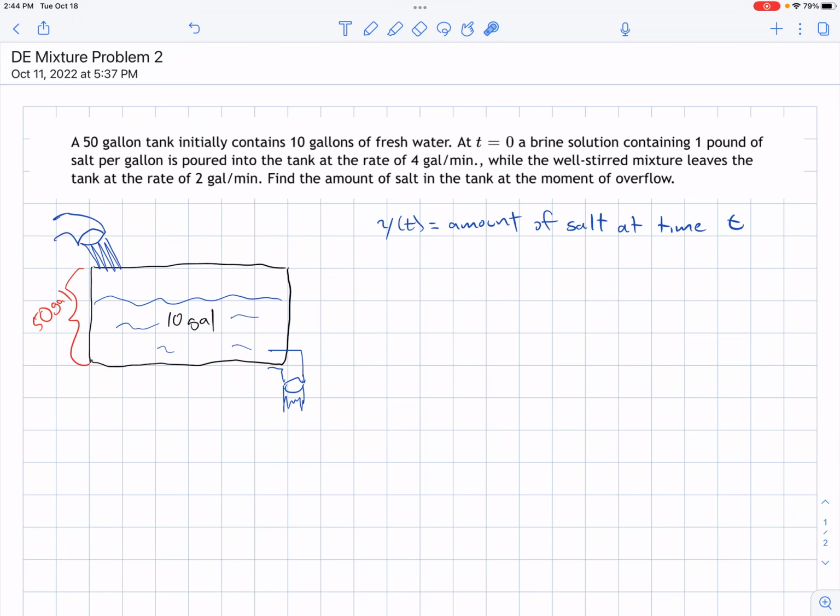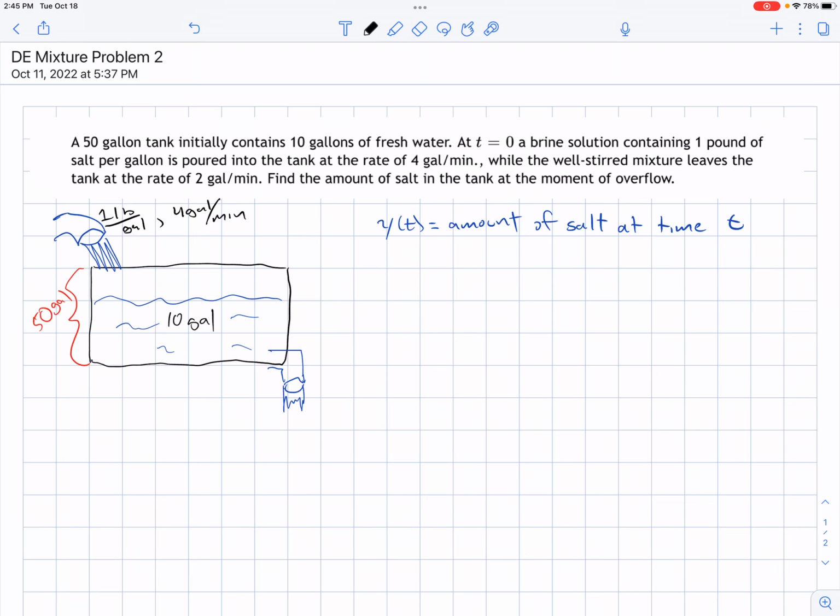A brine solution containing 1 pound of salt per gallon is entering at a rate of 4 gallons per minute, while the well-stirred mixture leaves the tank at a rate of 2 gallons per minute.